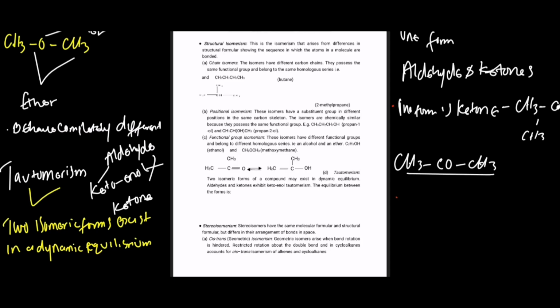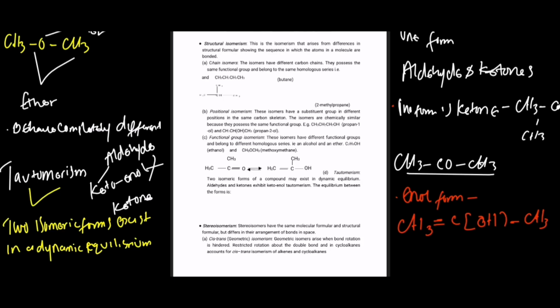The other form is the enol form, which has CH3 and a double bond, C double bond, with OH. This is the enol form. A common example of keto-enol is the aldehyde and the ketone.